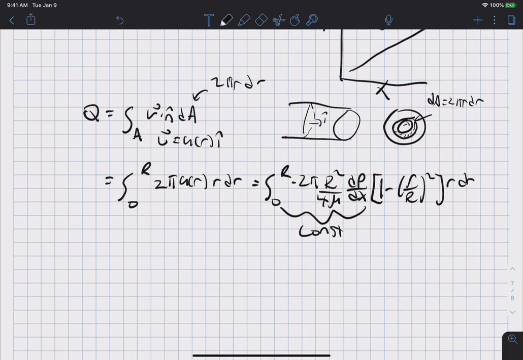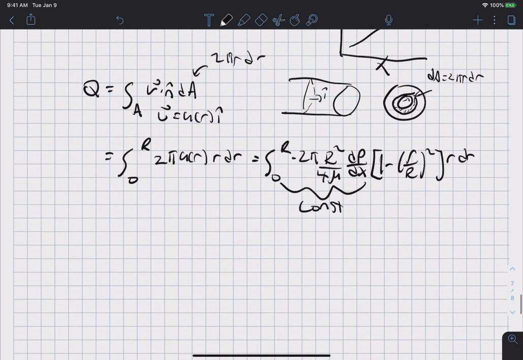Okay, and we can perform this integral. I'm not going to go through all of the steps, but it's just a straightforward polynomial. We get that Q equals minus pi over 8 times the pipe radius to the fourth, over mu, dp dx.